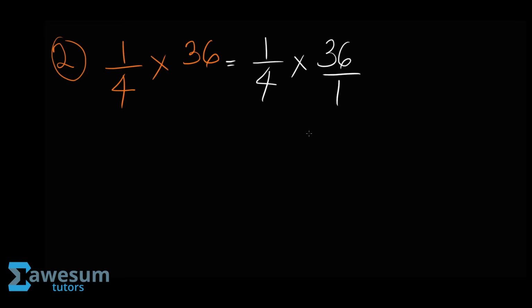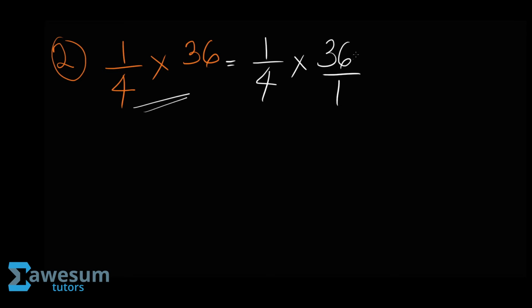That means I can rewrite this problem this way, because 36 is the same thing as 36 over 1. So right now, I can go ahead to divide.